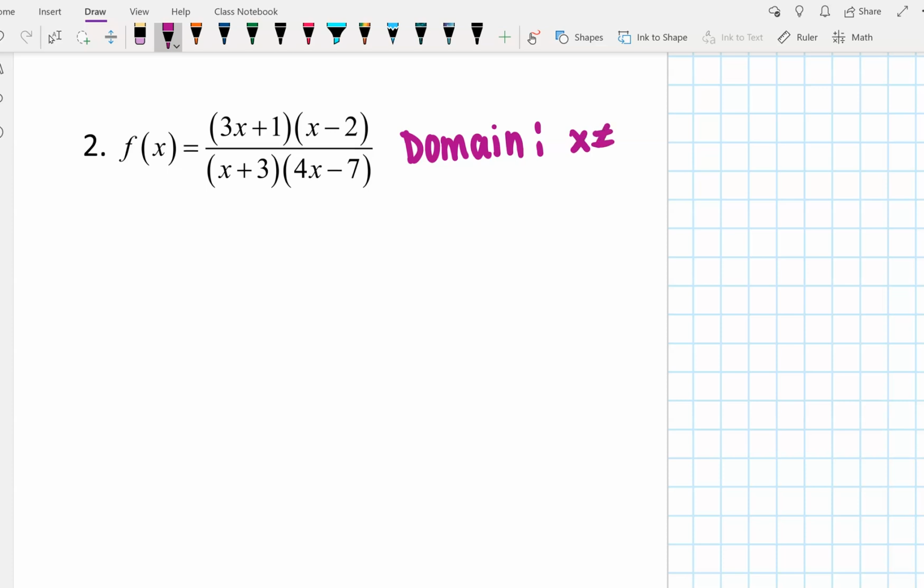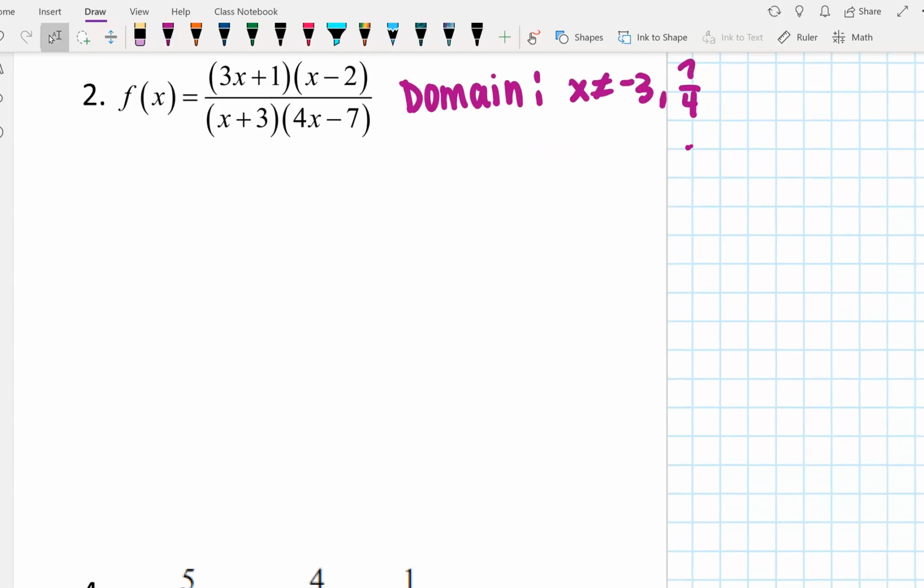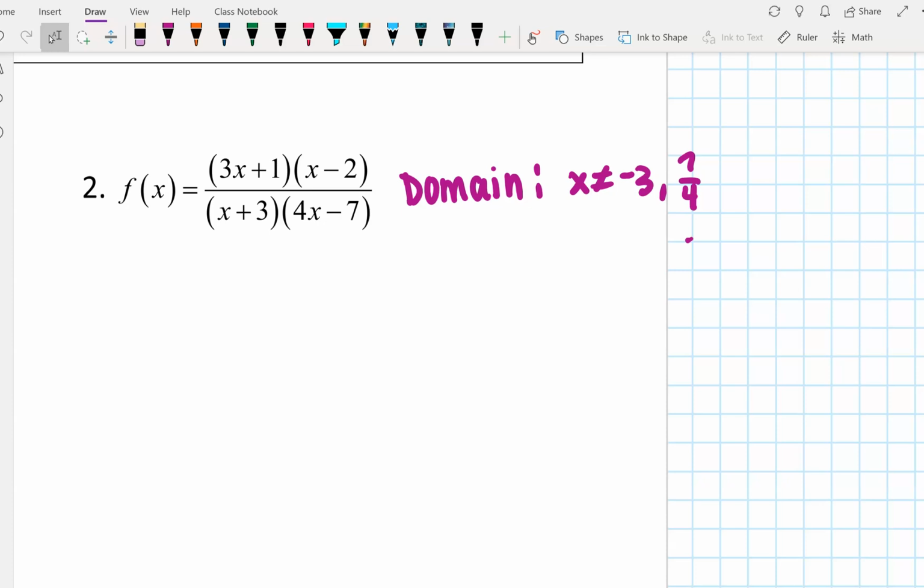X cannot equal negative 3, and x cannot equal 7 over 4. If you solved for these factors, setting them equal to 0, you would get x equals 7 over 4. X can't equal those things.